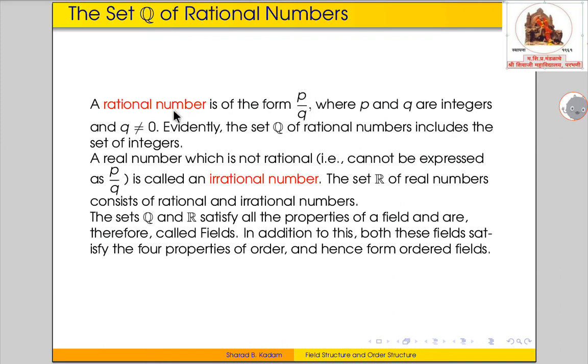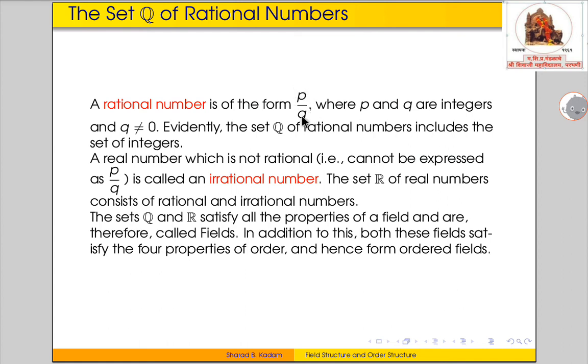So we move to the definition of rational number. What is meant by a rational number? A rational number is of the form p by q, where p and q are integers, q is non-zero, and GCD of p and q equals 1.